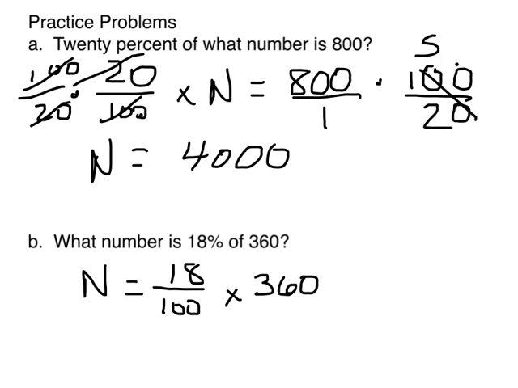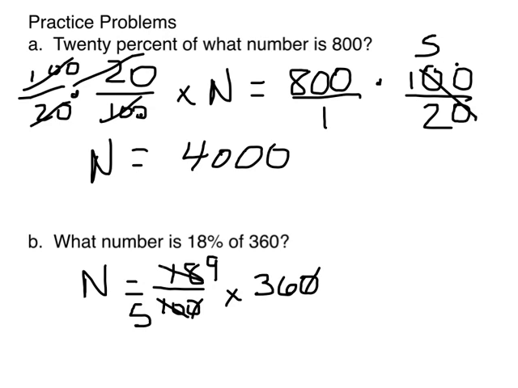If I take off one 0 in each one of those, then I've got 18 over 10 times 36, and 18 over 10 could be reduced if I divide by 2. 2 goes into 18 9 times, and into 10 5 times. So then I would say 36 times 9 divided by 5.